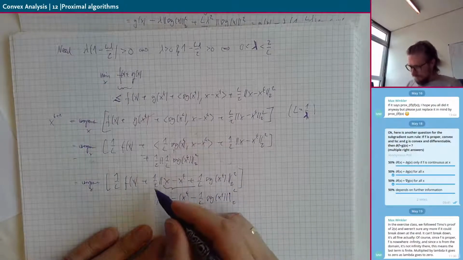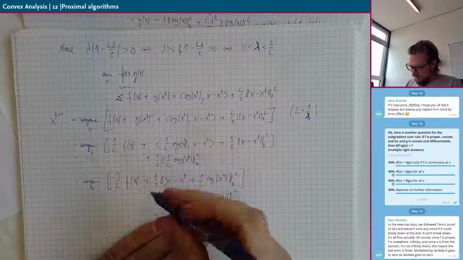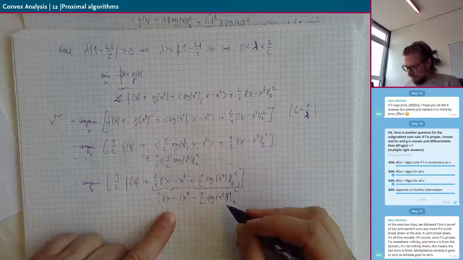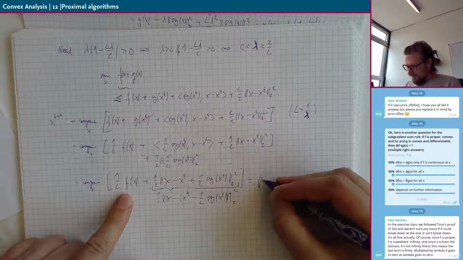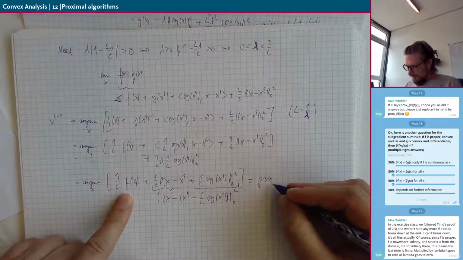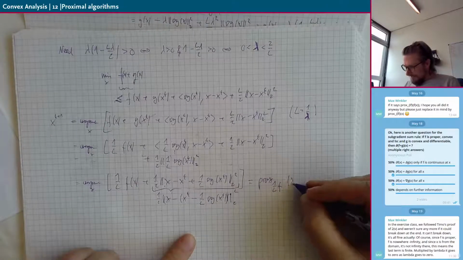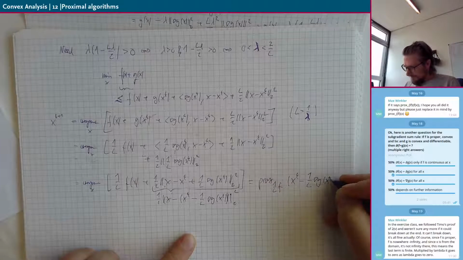So this is this full term here. Let's use this. And so this here is exactly the prox of 1 over L f of xk minus 1 over L gradient g of xk.